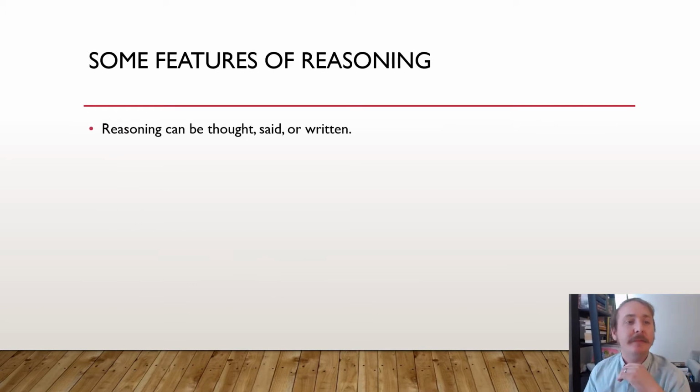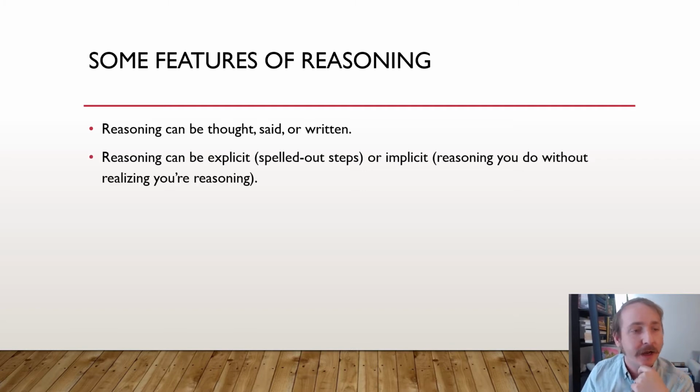So reasoning can be thought, said, or written, and we're going to consider mostly written argument in this class, but you should note that any kind of reasoning in whatever medium can count. Moreover, in this portion of the class at the beginning here, we're going to be talking about explicit, that is spelled out reasoning.